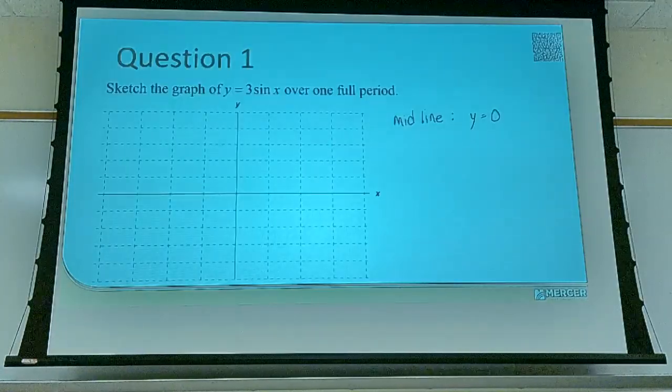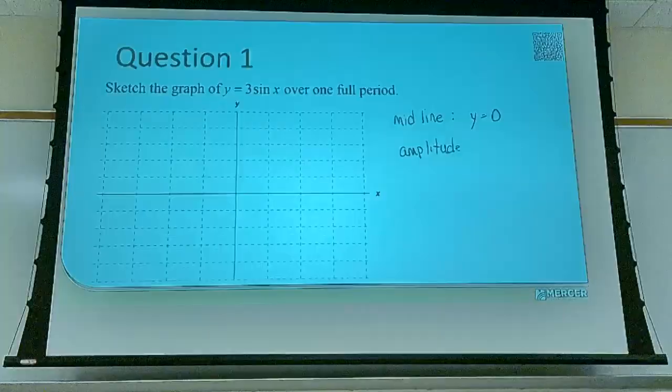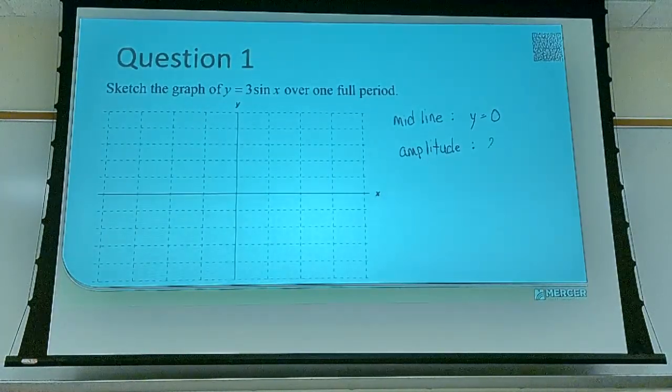Start with the midline. Y equals 0. Amplitude is 3. So a maximum of positive 3, a minimum of negative 3. Oh, that's what I meant.